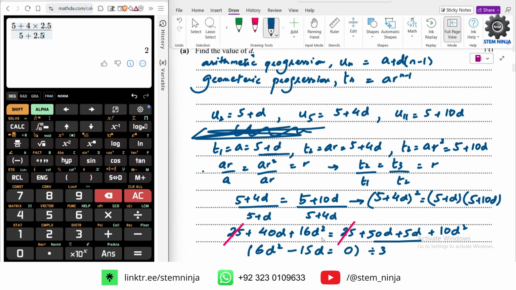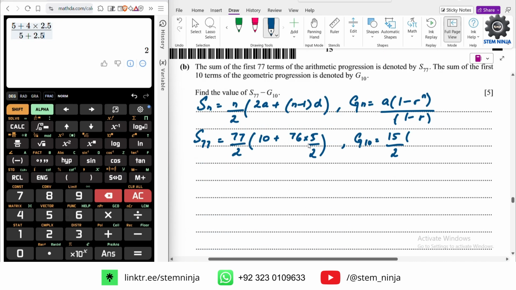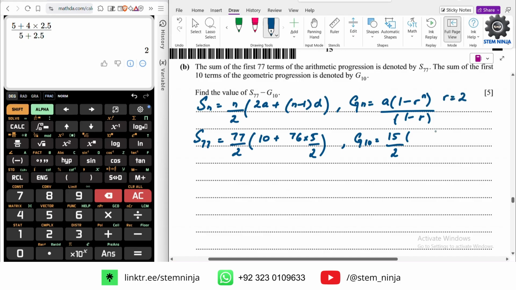So r is 2. So where r is 2, that is (1 minus 2 raised to power 10) divided by (1 minus 2).